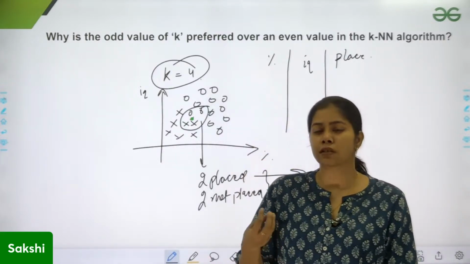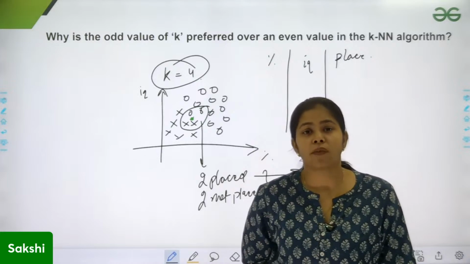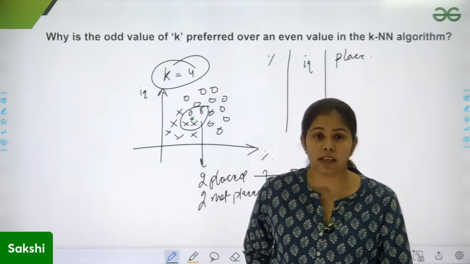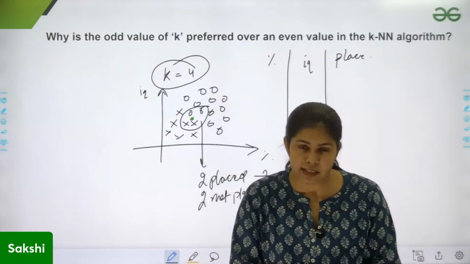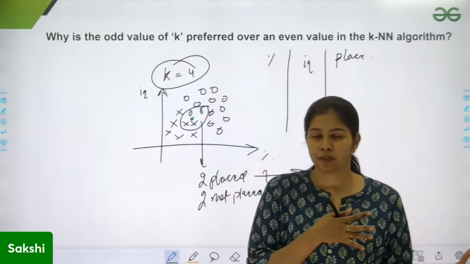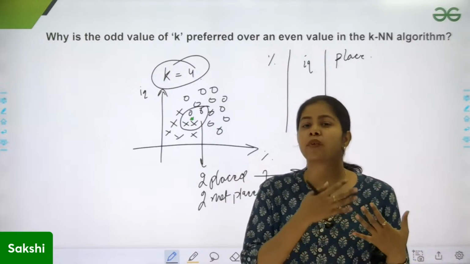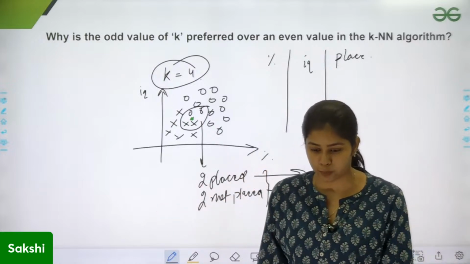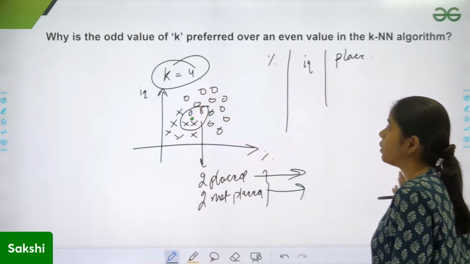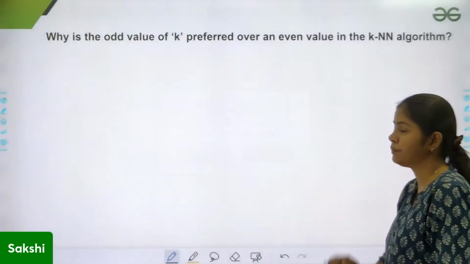Because most of the time we do binary classification, and in that case there may be a chance that we get an equal number of categories, and then it is difficult for us to classify that point. I hope it is clear why an odd value of k is preferred over an even value.